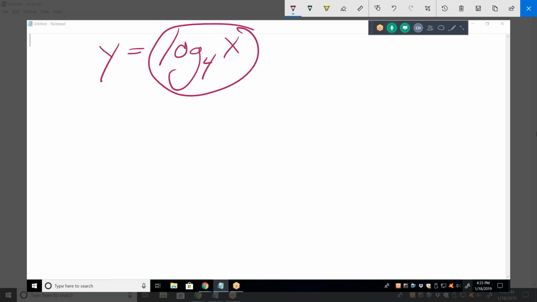What's the domain of this function? I'm going to say it again. You can only take logs of positive numbers. That means that has to be a positive number. And the domain relates to the x values. So what's the domain of x?